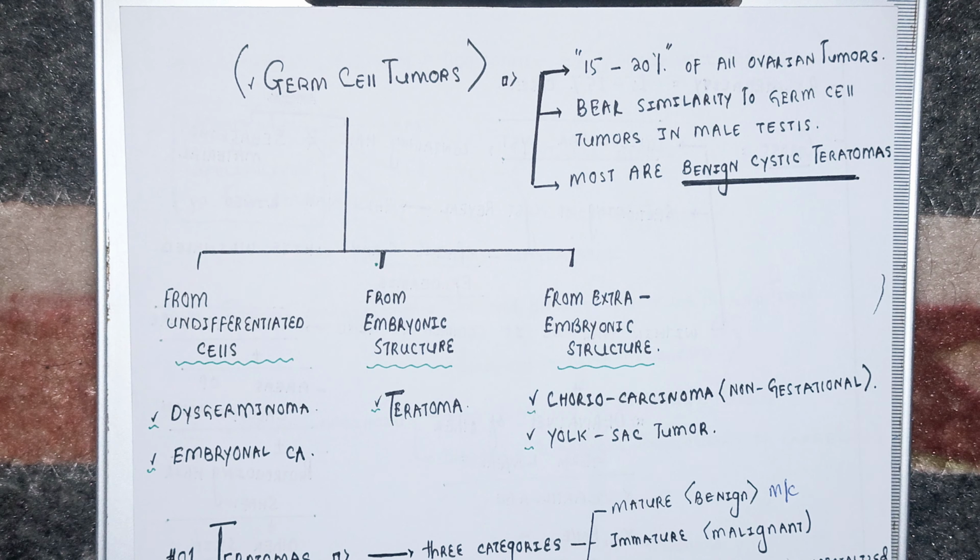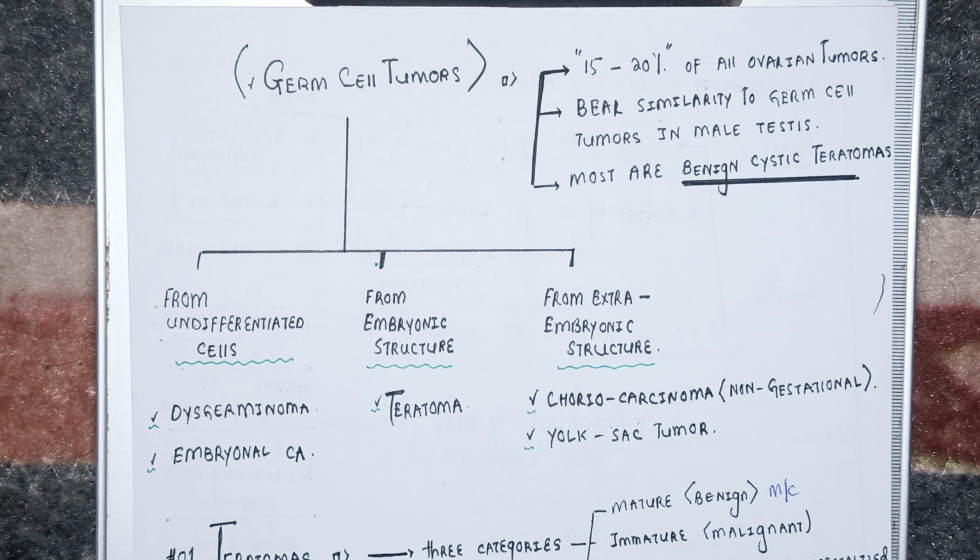Because it is almost always lined by skin-like structures. This tumor is growing inside your ovary and has a cystic structure. This is the benign cystic teratoma, lined by skin-like structures. I will show you the pictures better.